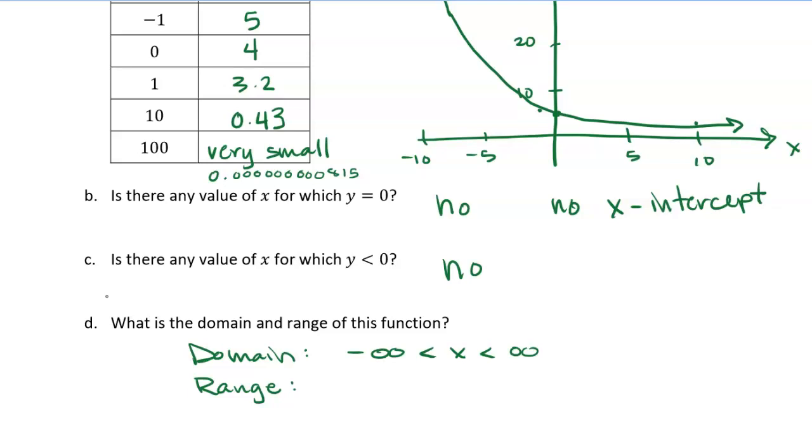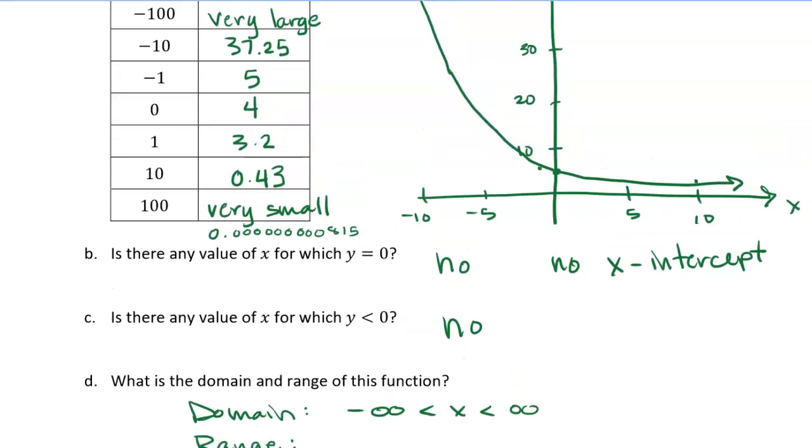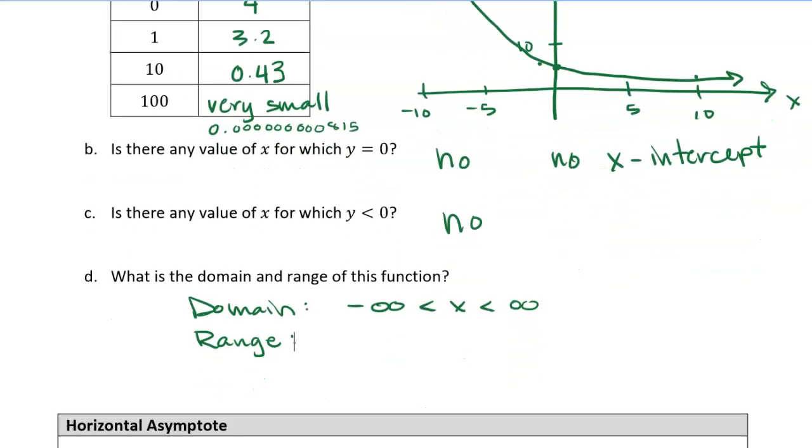We're never going to get 0 or a negative value. When x grows more and more negative, as when we try to put in negative 100, we just get a very, very large number. For negative values, it's going to keep growing to infinity. So y is greater than 0. That's the range of our function.